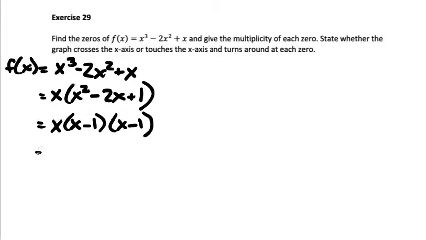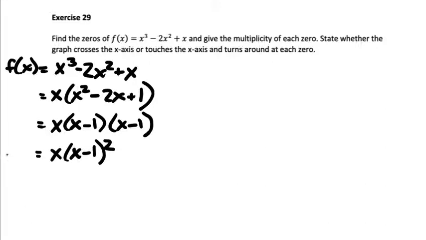And then what we're going to want to do to help us find the multiplicities is write the x minus 1 as x minus 1 squared instead of x minus 1 times x minus 1. And so that tells me that that's a power of 2. So this is my polynomial in factored form. Set each factor equal to 0.